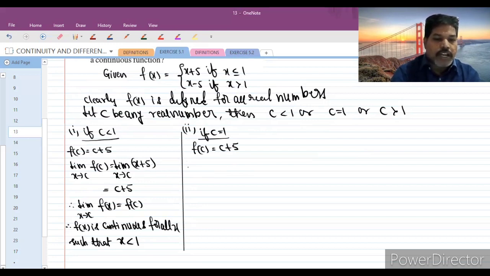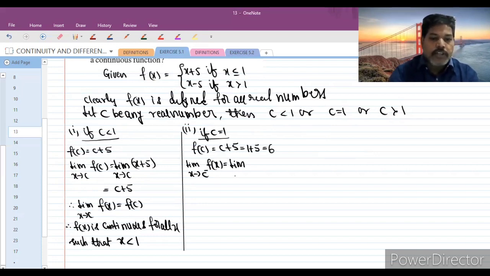So next, we can calculate the limit extending to C minus of f of x. What is the C value, students? Here you can see that the C value is 1. So in place of C, you can replace 1. It will become 1 plus 5, which is 6 only.